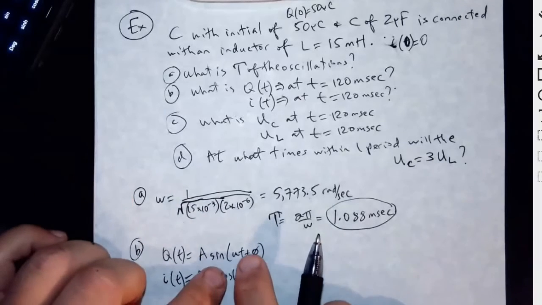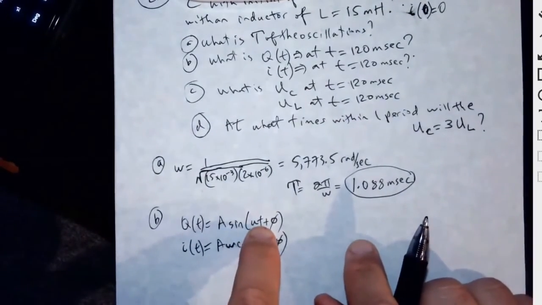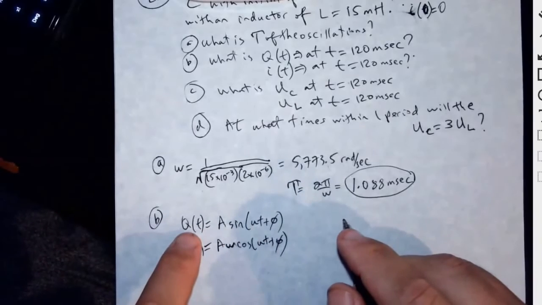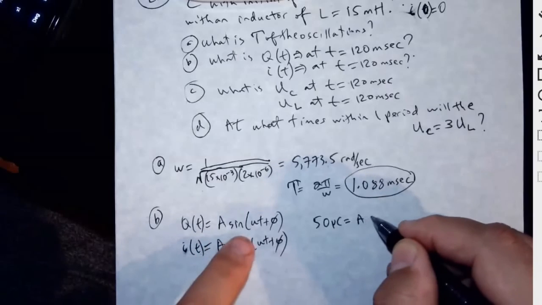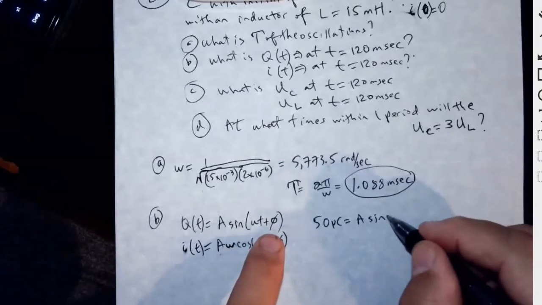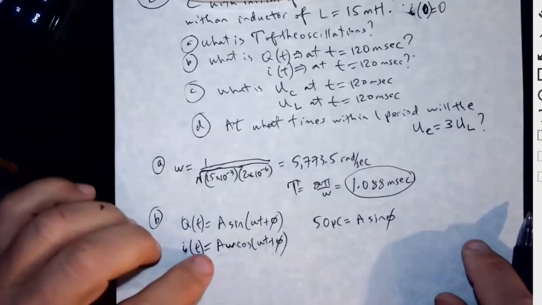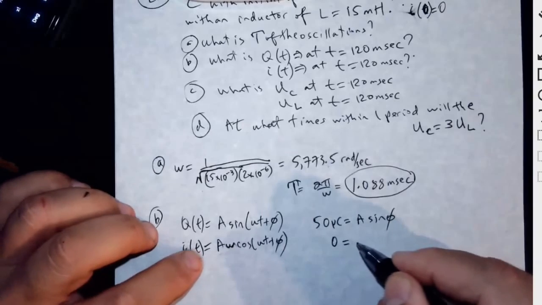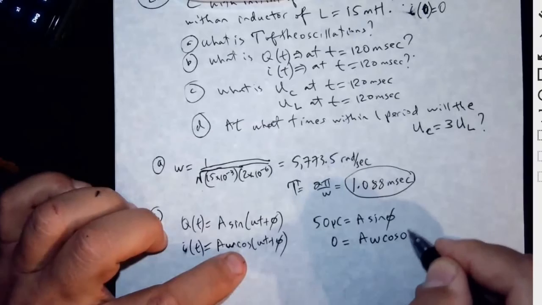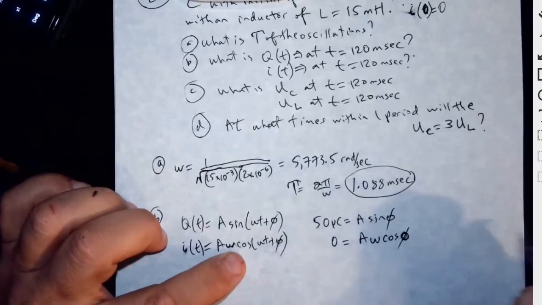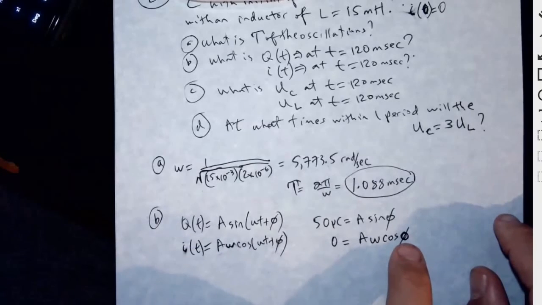Then you put 0 for t, and you get the initial charge is 50 microcoulombs, A sine of phi. And the initial current is 0: A omega cosine of phi.